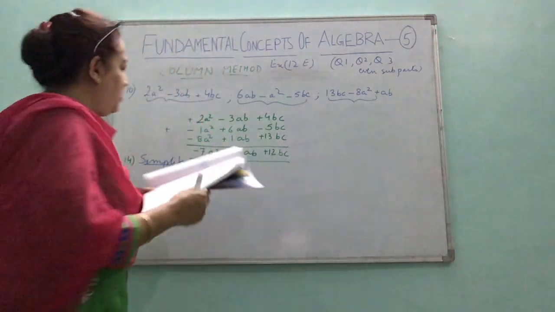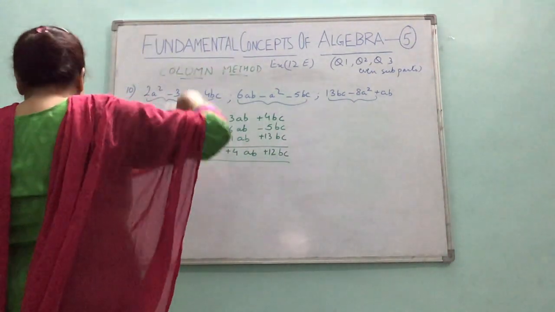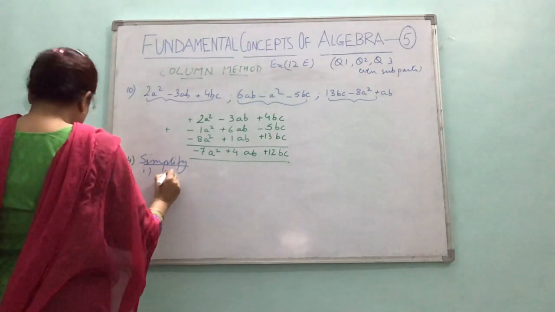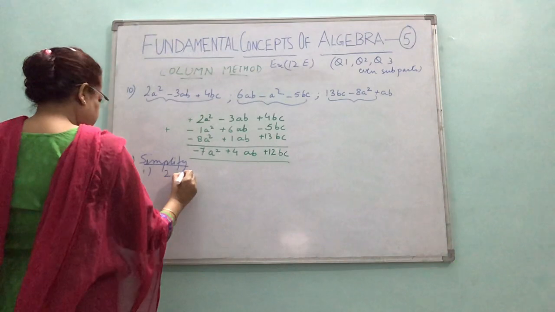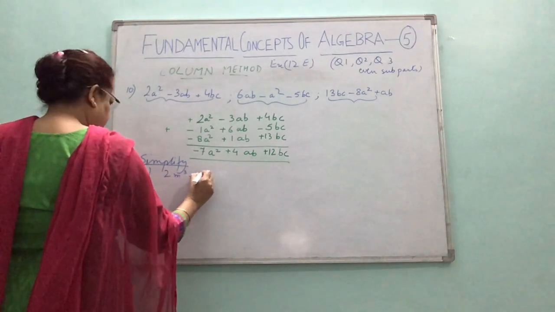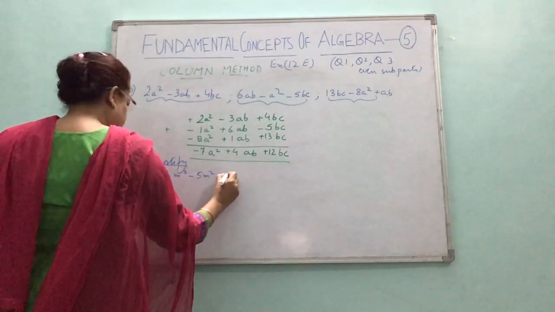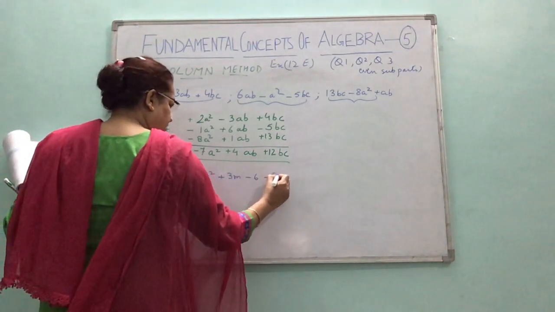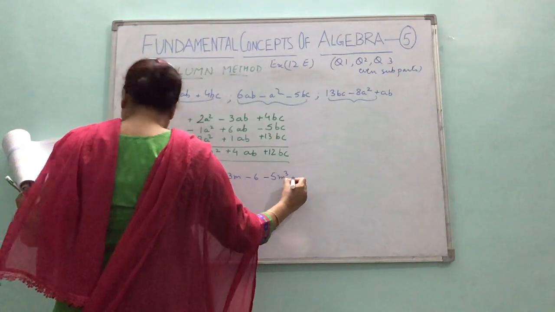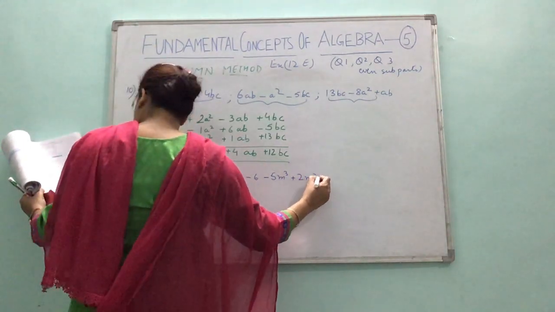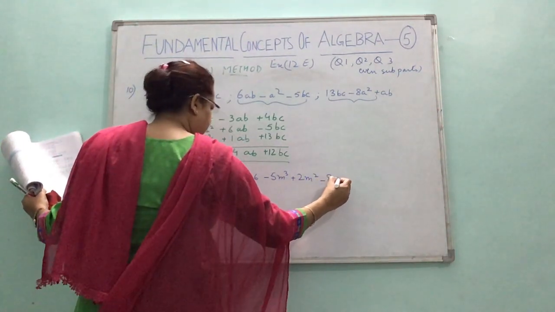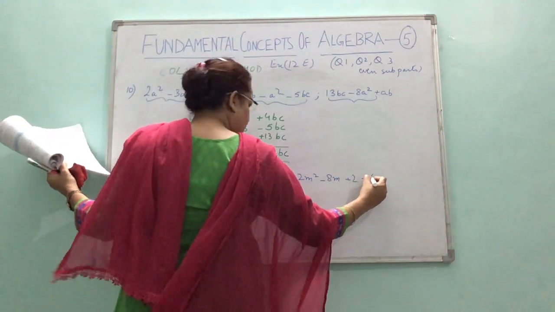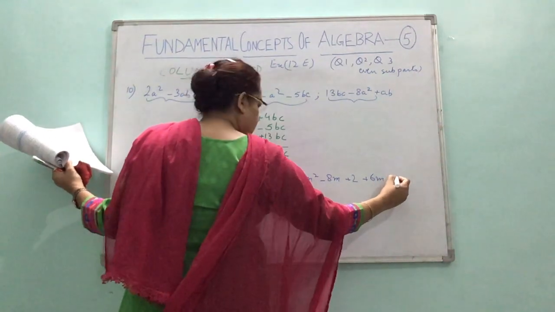So for question number 14, I am taking the first subpart. I will copy the first subpart. Now you see: 2m cube minus 5m square plus 3m minus 6 minus 5m cube plus 2m square minus 8m plus 2 plus 6m plus 5.